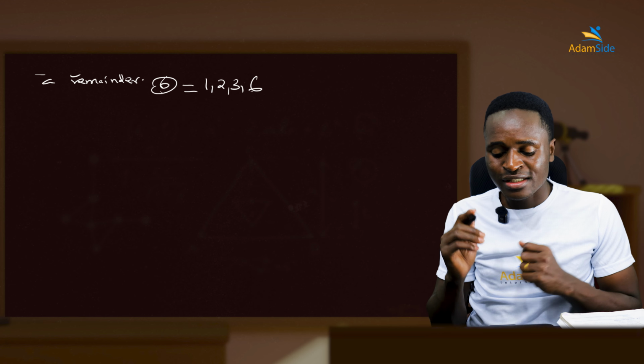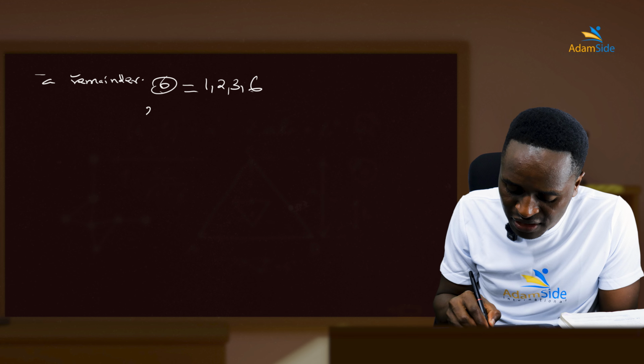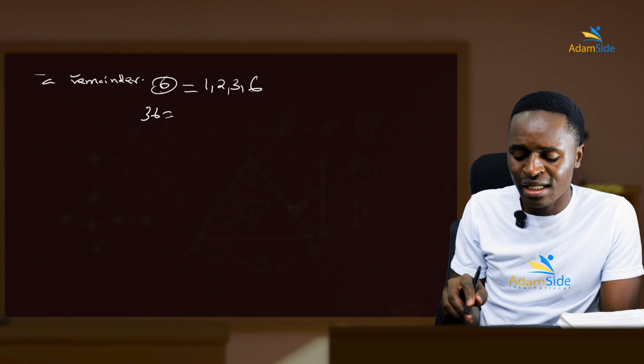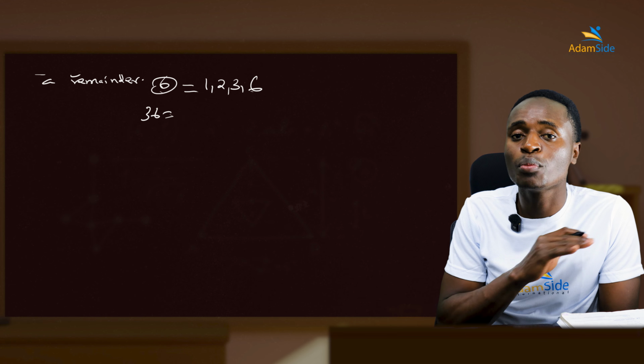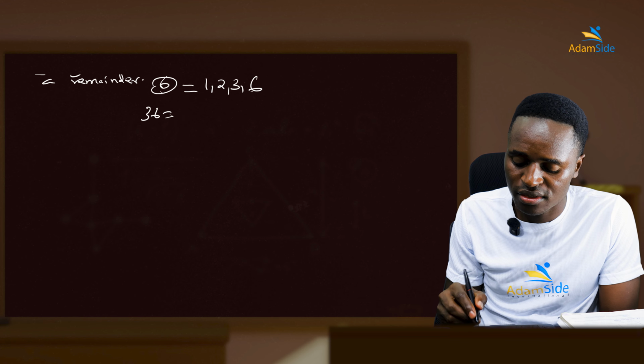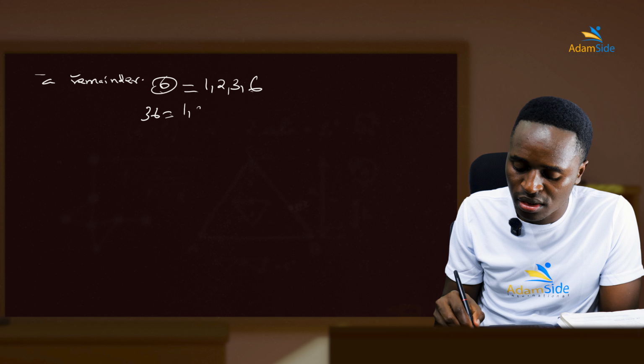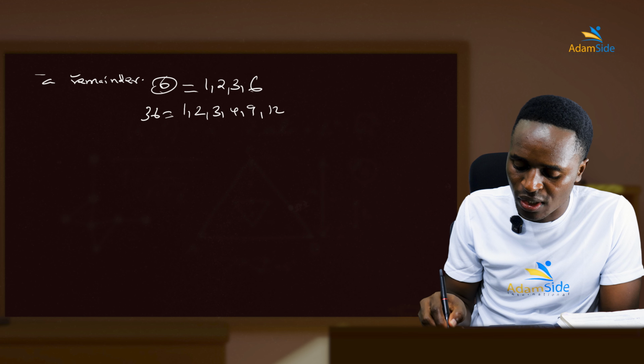Also, that is also examined. For example, you can be asked, what are the factors of 36? They are asking which numbers divide 36 completely without remainder. So you say 1, 2, 3, 4, 9, 12, 18, and 36.